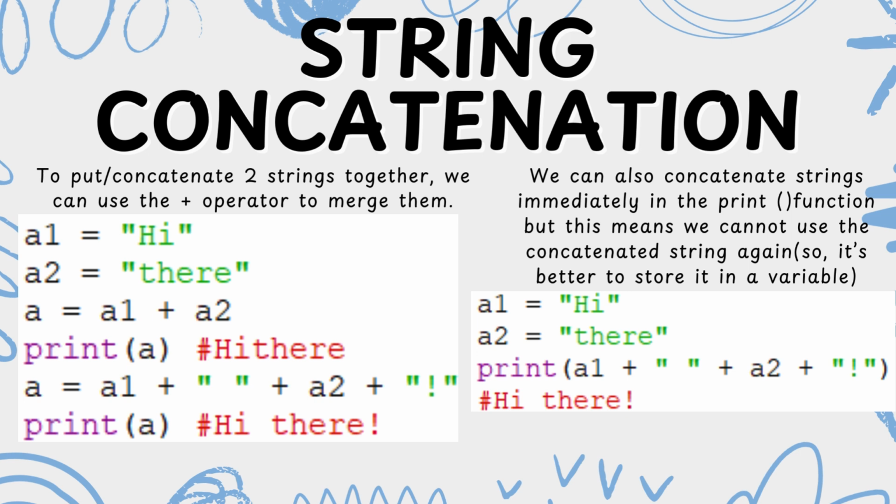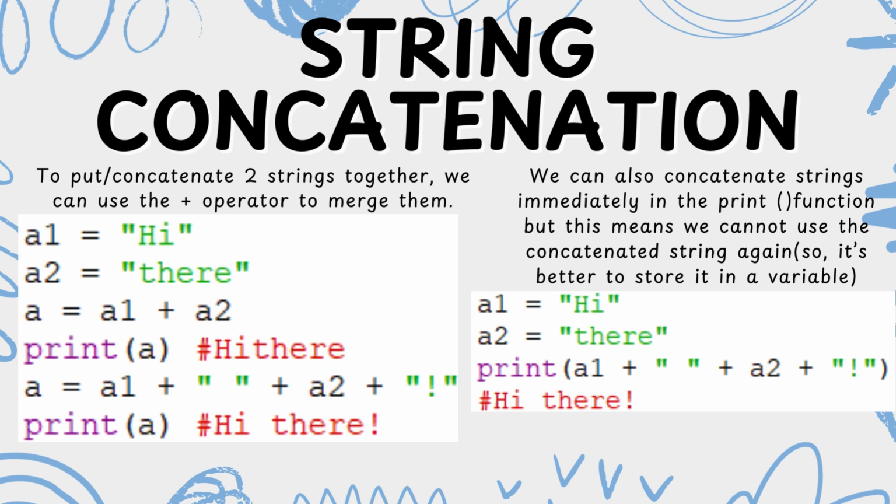Or I could change the variable and have A equals A1, which is hi, plus a space in quotes, plus A2, which is there, plus any other character. That makes it much more readable. You can also concatenate strings immediately in the print function, but this means that we cannot use the concatenated string again. So it's just better to store it in a variable.